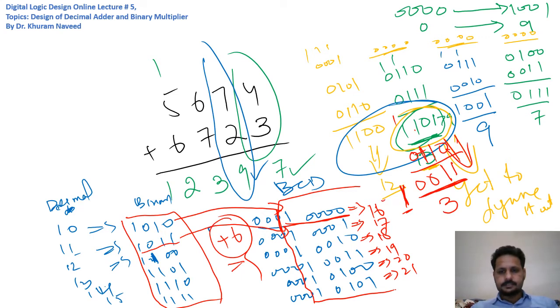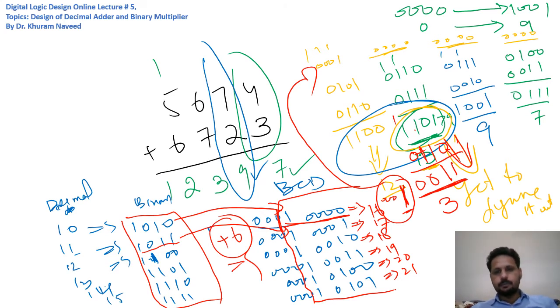So let's just put 3 zeros in front of it, and this is our carry, and this will go here, right? So now using this example, we have realized that by just adding 6 to the binary sums which are greater than 9, we can easily go from a non-BCD code to a BCD code.